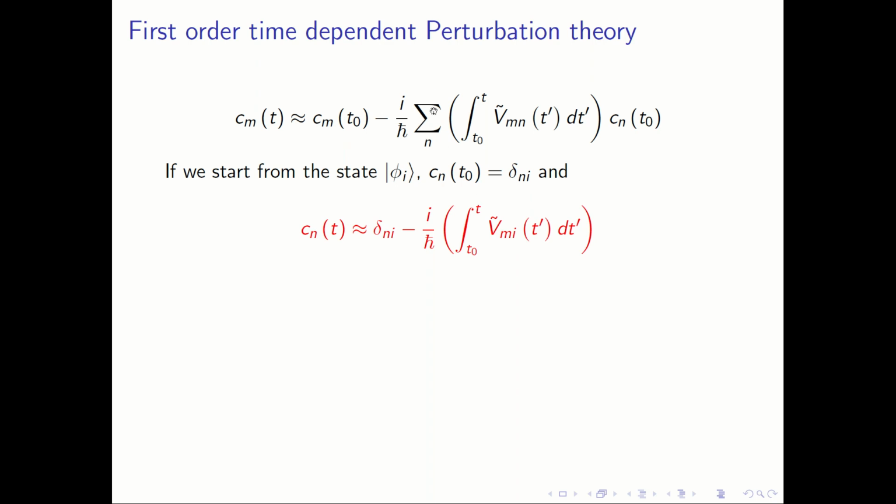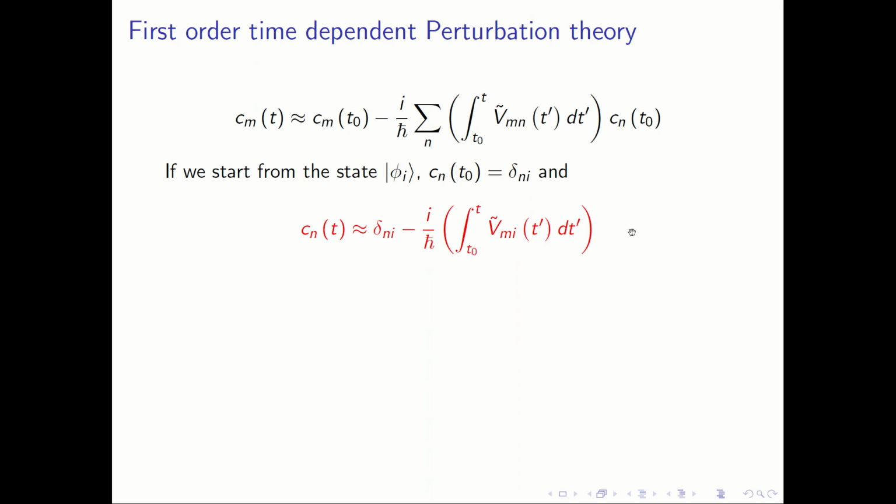The sum goes away because only one term in this sum survives, the one corresponding to n equal to i. And so we get v tilde, sorry, there's a typo, this should be v tilde ni(t') dt'. This of course is for Cn. The previous equation was written for Cm. So Cm(t) is delta mi minus i by h cross integral from t0 to t of v tilde mi(t') dt'.